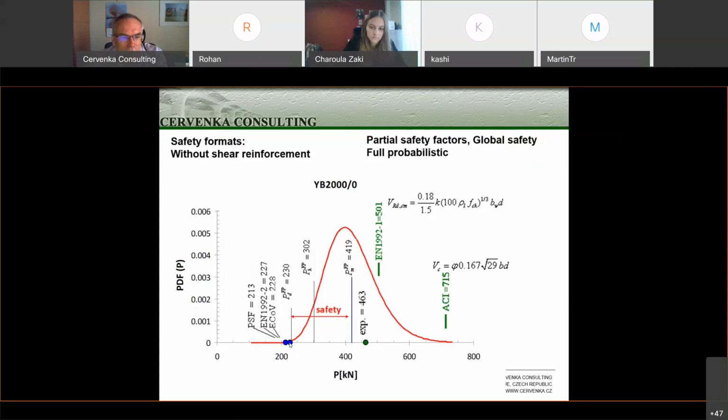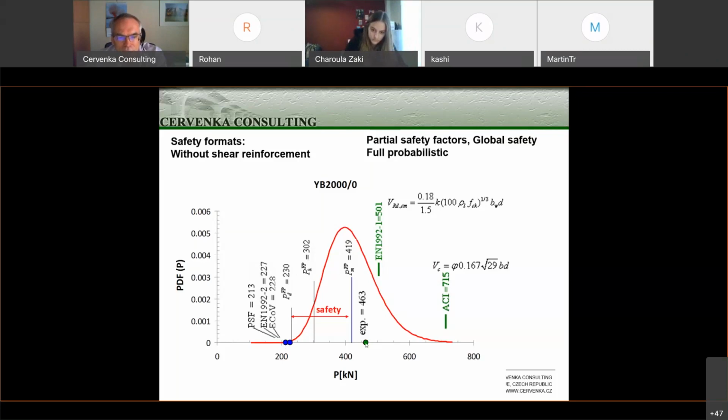Then we have this Eurocode method and ECOV method. They are very close to each other. This ECOV method, which gives 230, is of course calculated by these assessments or estimates of the characteristic analysis and mean analysis.